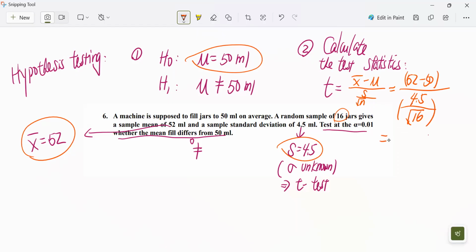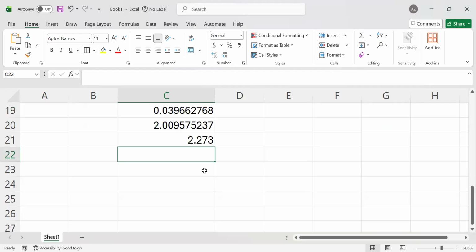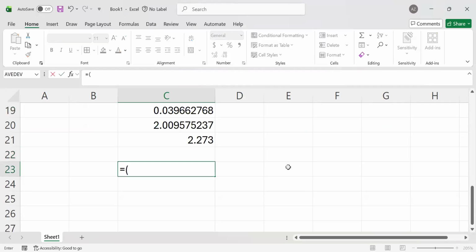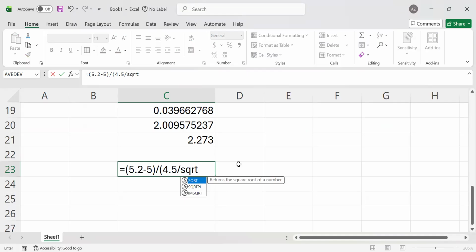And we can get the t-score here. 52 minus 50 over parentheses 4.5 over square root of 16, which is 4.